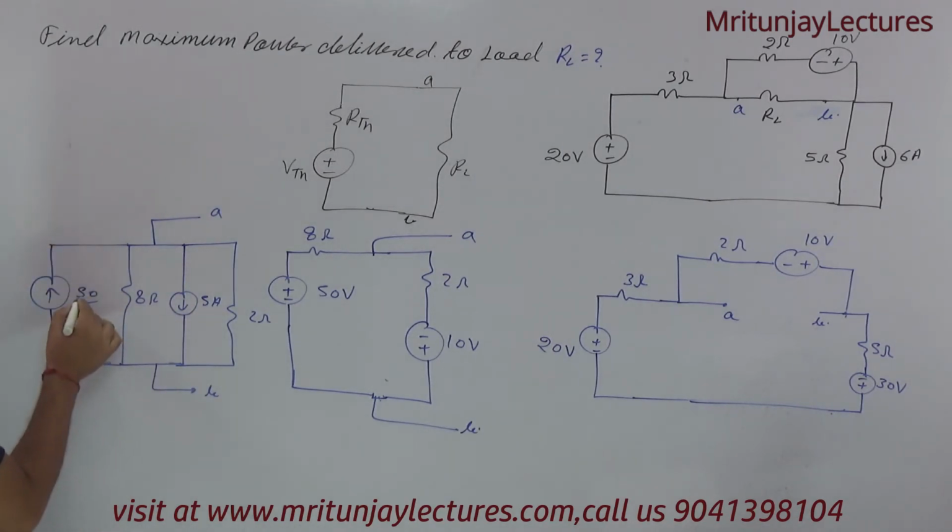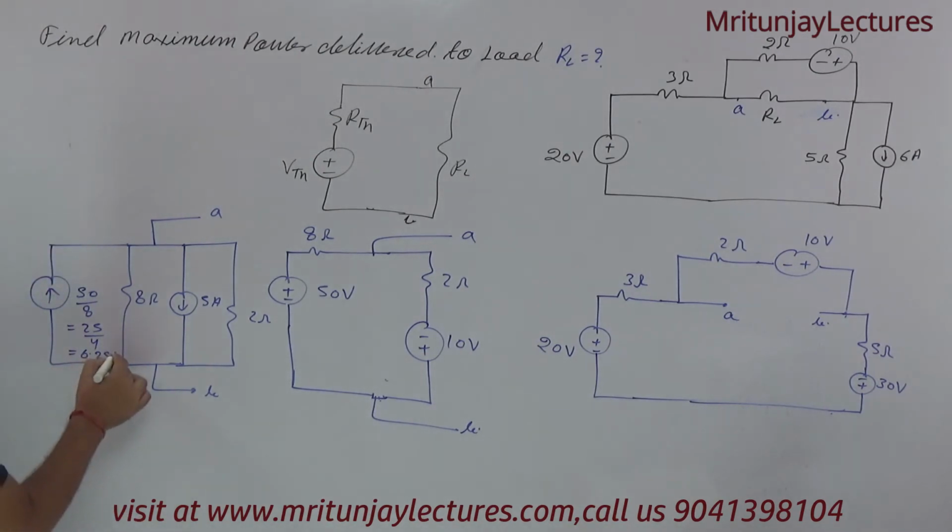So 50 by 8 means you can say 25 by 4, that is 6.25 ampere. Clear or not? The direction of that is upward and this one is downward. So the net current in the upward direction is 6.25 minus 5, that is 1.25 ampere.